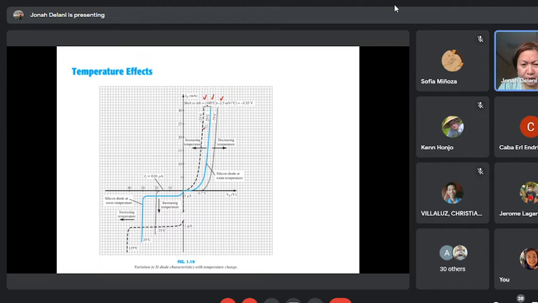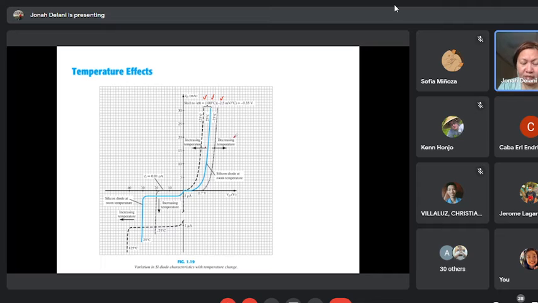So if we notice, for different ambient temperature, the curve would shift. At higher temperature, the threshold voltage is lesser, meaning it takes a lesser voltage to turn on the diode.